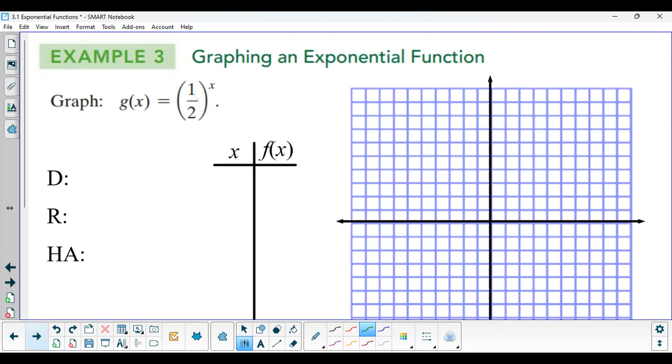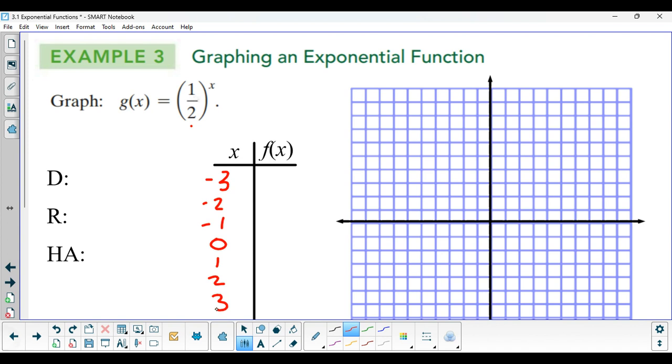And so now example 3 that we're looking at here is a little bit different because the base number is a fraction. But it's not really going to change anything that we do. It's just the numbers are going to show up a little bit different.